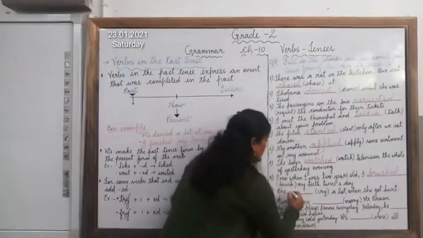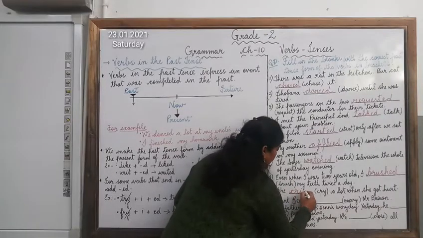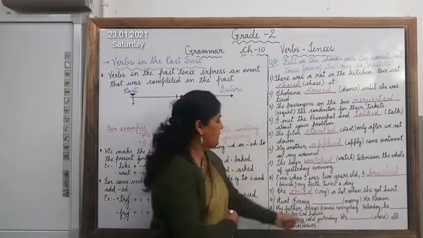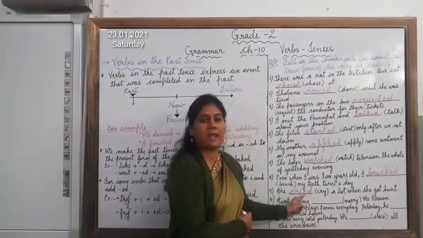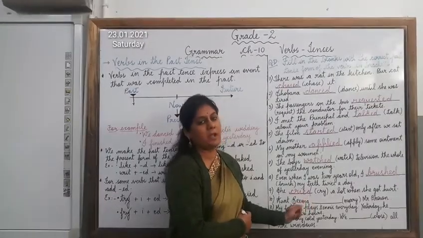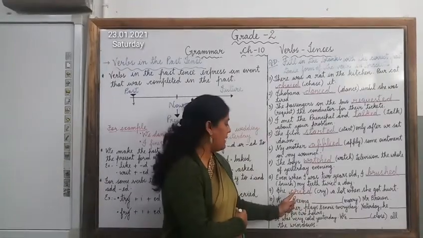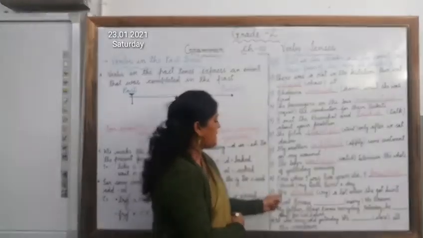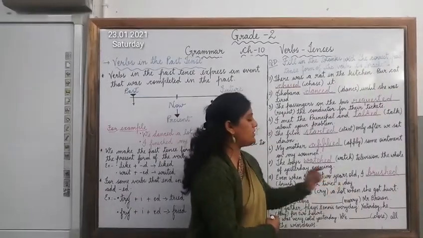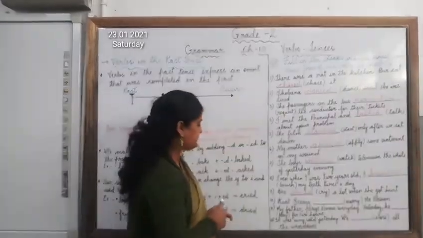As you can see, I have changed the letter Y into I and I have added ed to the verb. So cry will become cried. C-R-I-E-D, cried. So the sentence is: she cried a lot when she got hurt.